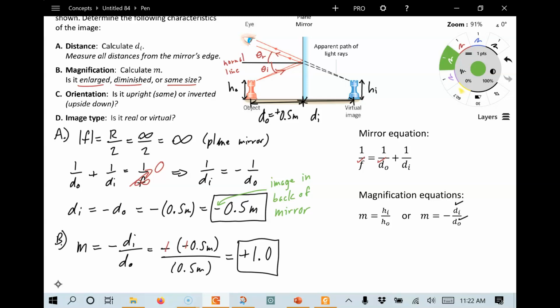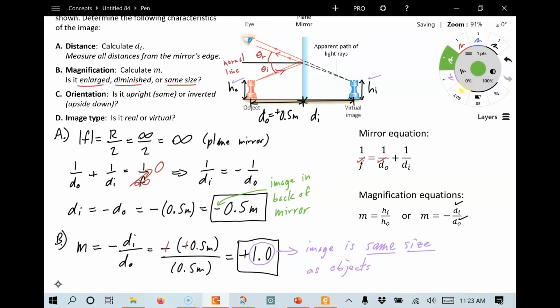Now for this one, because we've got 1.0, that means that they have the same height, same size. So this is going to imply that the image is the same size as the object. And that's exactly what we saw when we looked over here and compared the two, right?